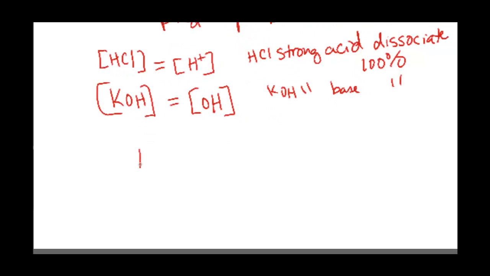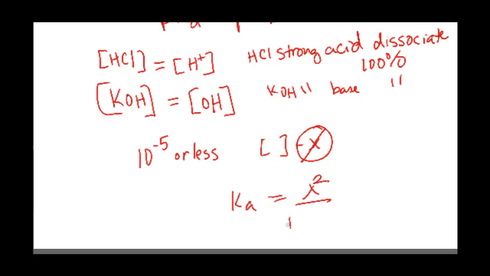Also remember that if the Ka is 10 to the negative 5 or less, that means when you have your equilibrium line of initial concentration minus x, this minus x will be negligible, and you can just stick with it. Now you'll have Ka equals x squared over some number minus x. That x is so small compared to the number that it doesn't affect the problem, so you can drop it.